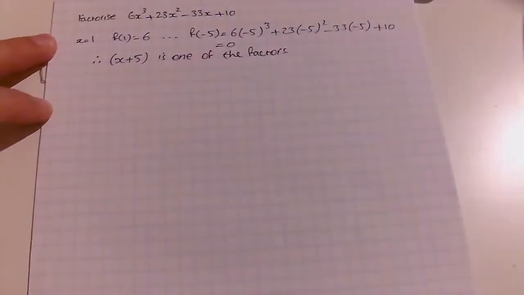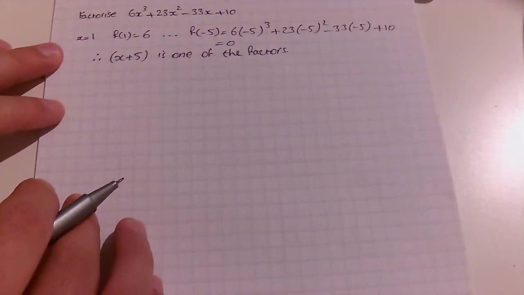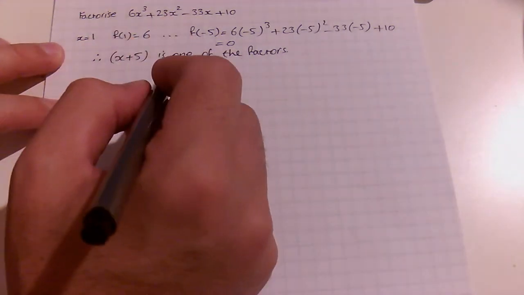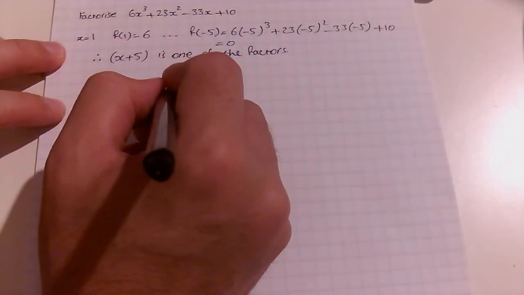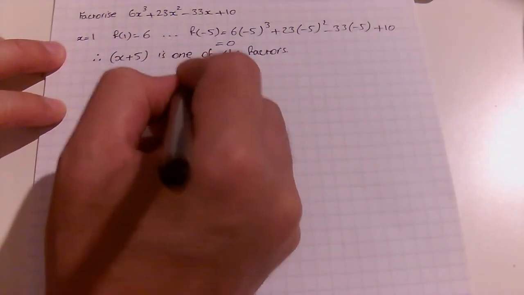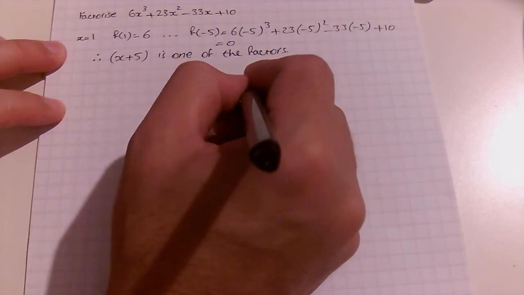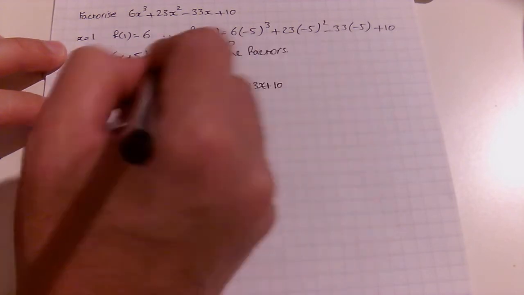Therefore, x plus 5 is one of the factors. Okay, now to find the other factors, all we need is to use long division to factorize this.